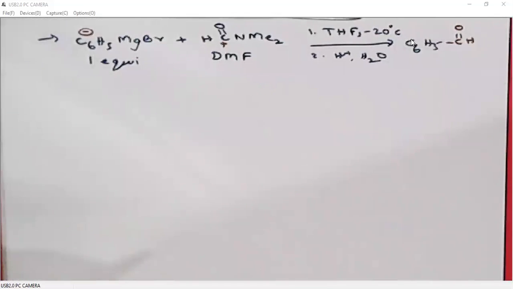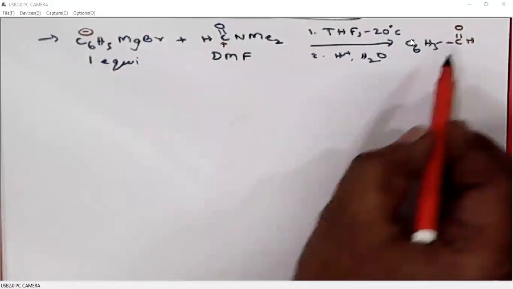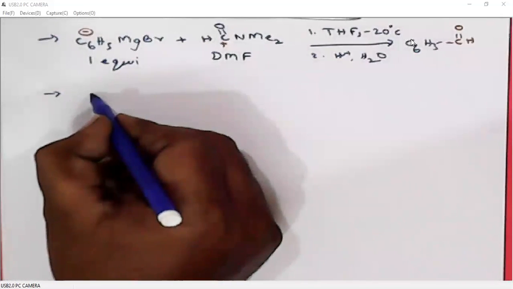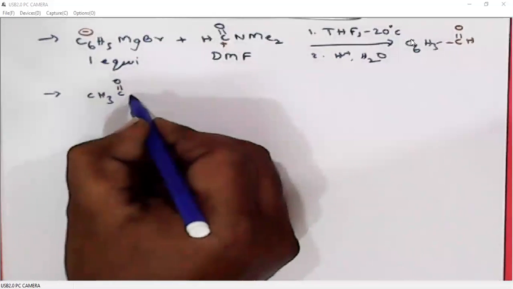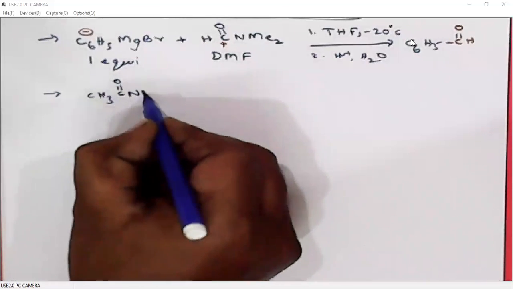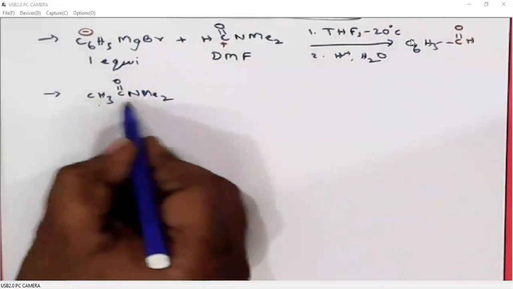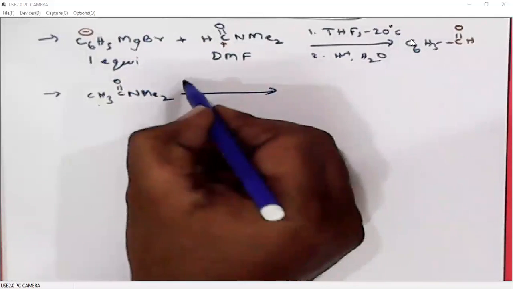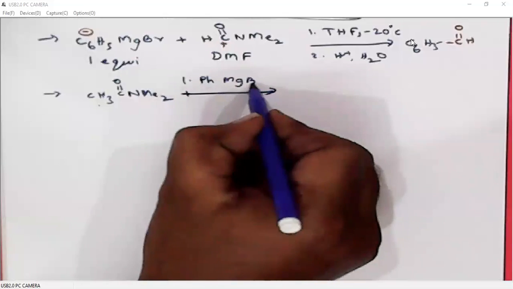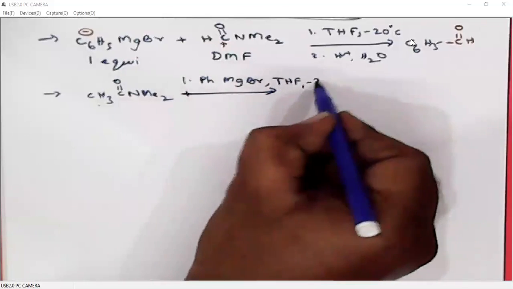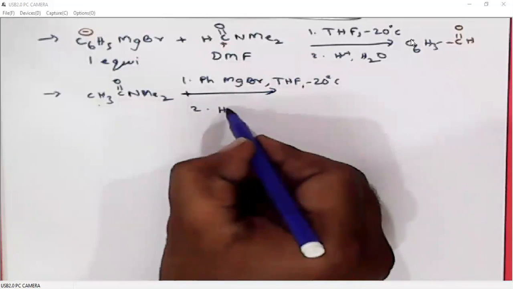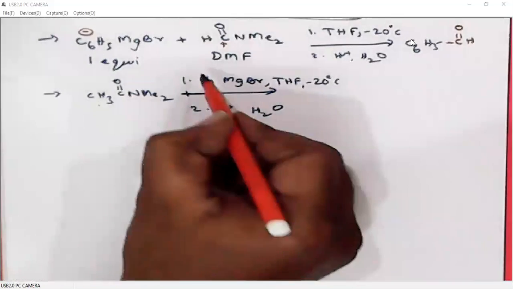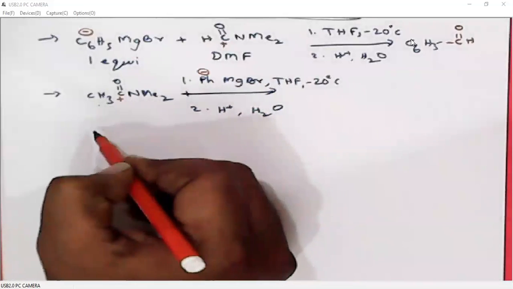So when we use DMF, formamides, we will get aldehyde. Similarly, when we use some alkyl amides, then we will get... here this Ph minus will attack a carbonyl carbon.